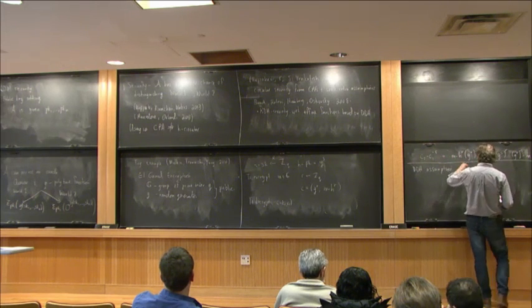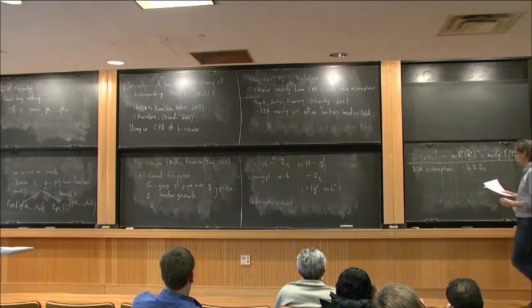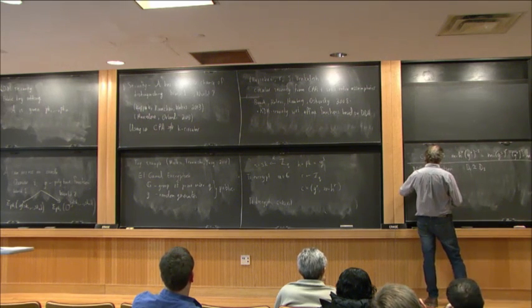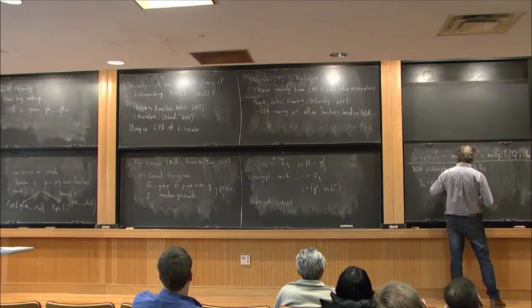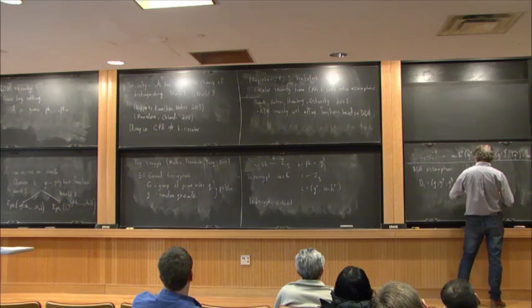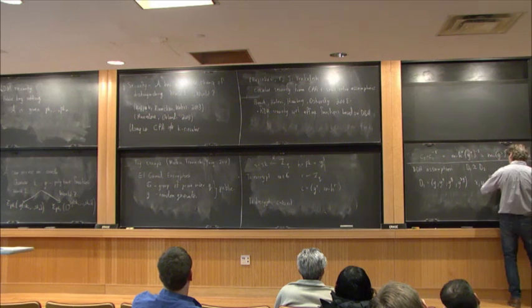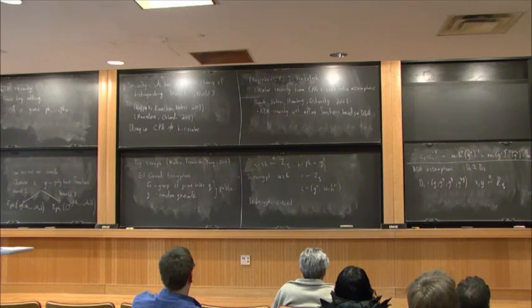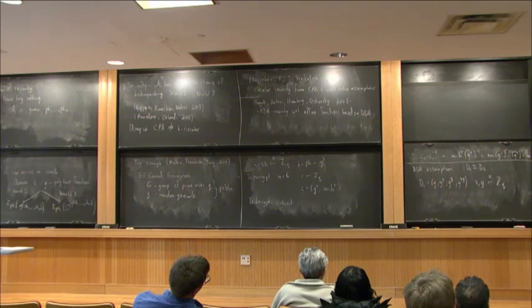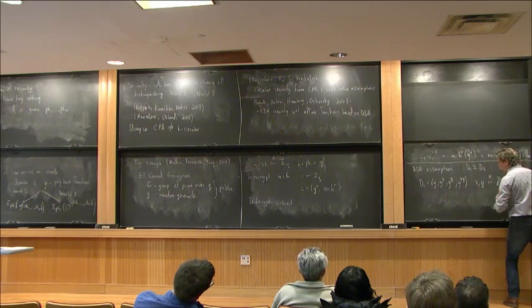Decisional Diffie-Hellman says that the following two distributions are computationally indistinguishable. In the first case, we pick two random values, x and y, and then we form this tuple where we get the last element by multiplying x by y.